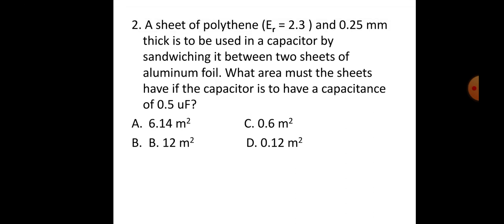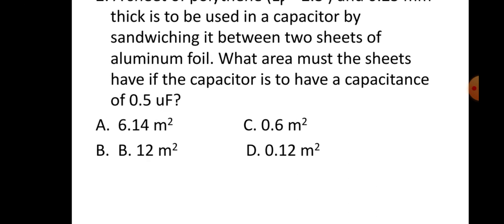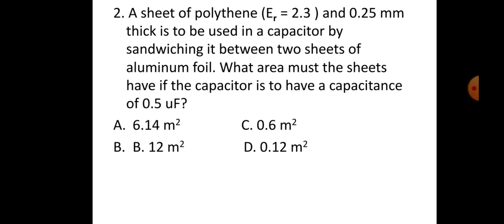ወደ ሁለተኛ ጥያቄ ስንሄድ ሁለተኛ ጥያቄ ምንድነው የምለው a sheet of polythene, relative permittivity of the dielectric, look, ER, relative permittivity of the dielectric materials inserted between the two plates is equal to 2.3 and 0.25 millimeter thick is to be used in the capacitor by sandwiching it between the two sheets of aluminum foil.